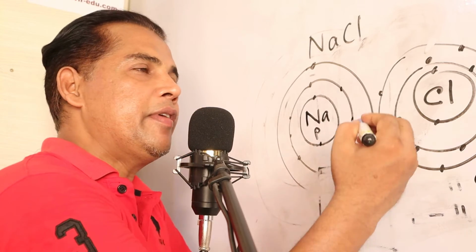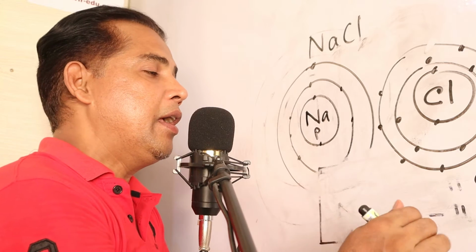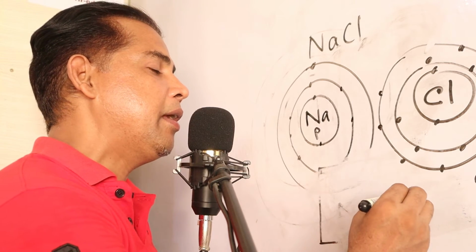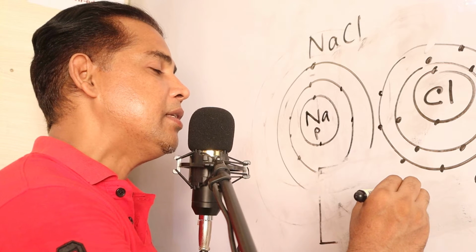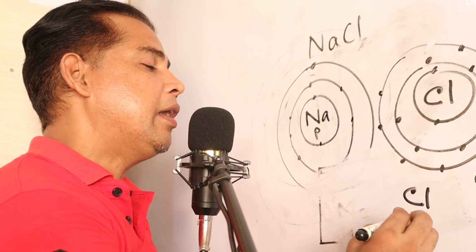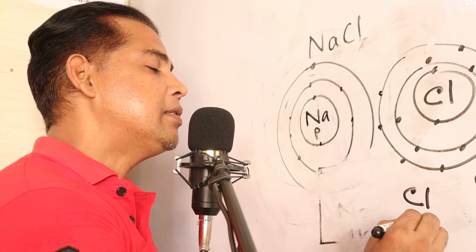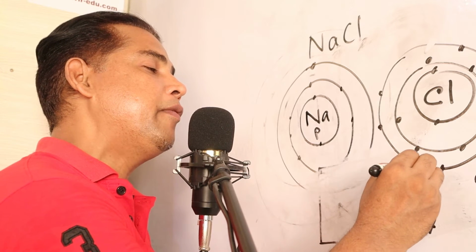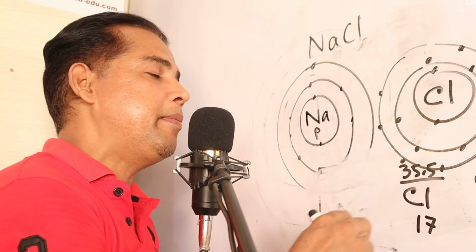In the last shell there is 7. The facts about chlorine are written in the periodic table like this: downside there is 17, upside 35.5, basically 35.